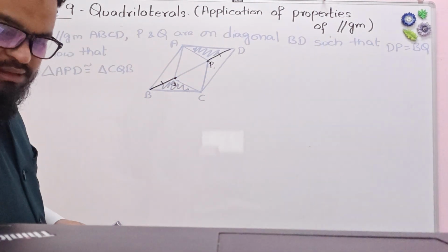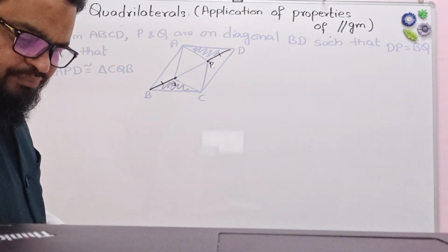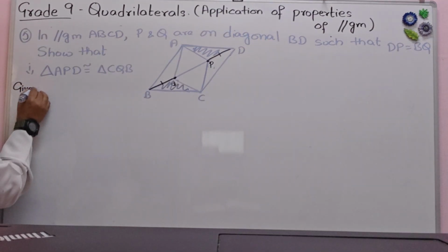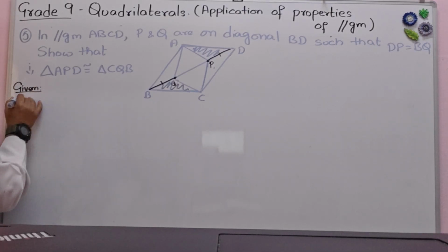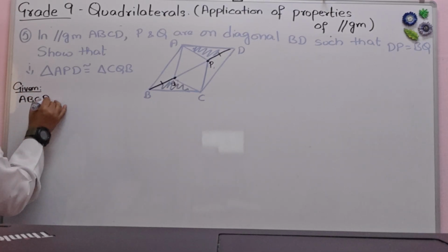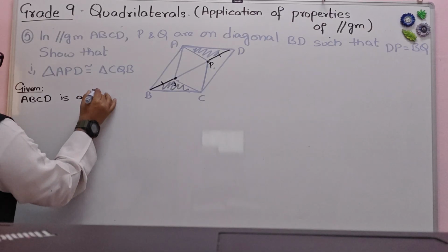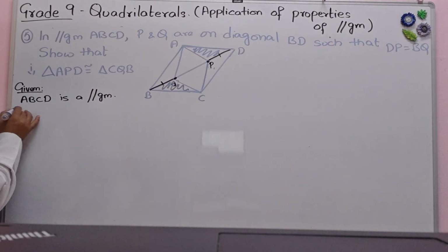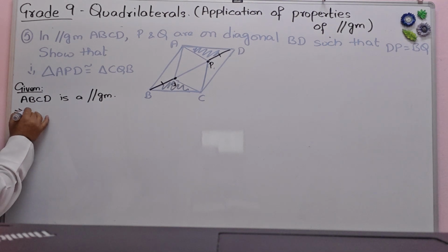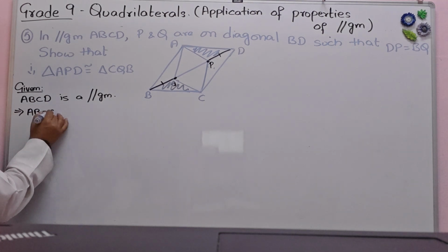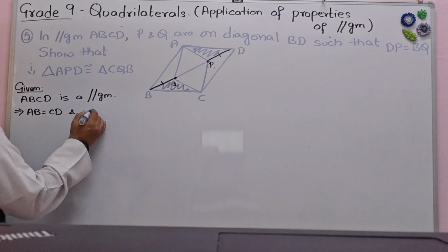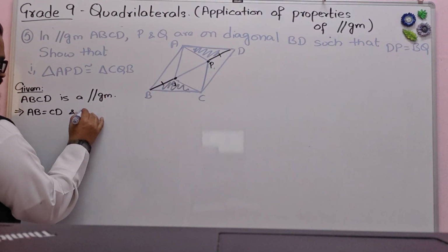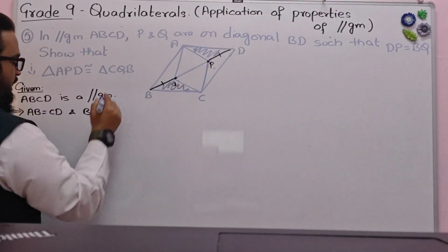So let us write what is given, and go to the solution. Given: ABCD is a parallelogram. Once it is a parallelogram, we have to keep in mind that AB is equal to CD, and BC is equal to DA.